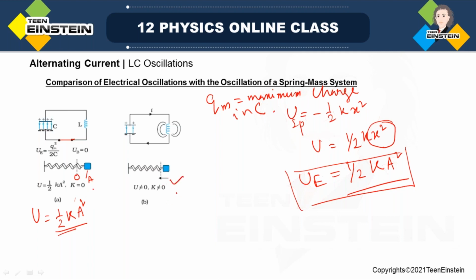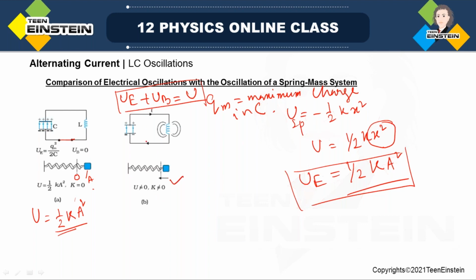Look, this situation is the second case. When current starts flowing, there will be electric energy and there will be magnetic energy, and as a whole this will be the total energy which was there earlier when the capacitor was not connected to the inductor.